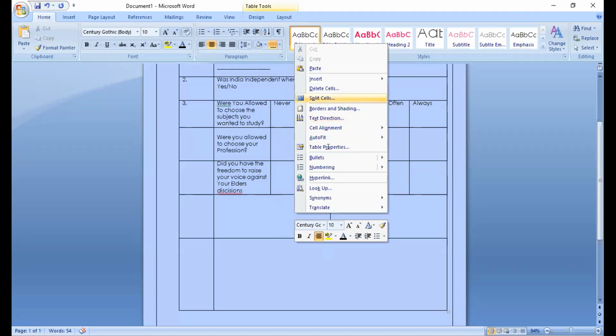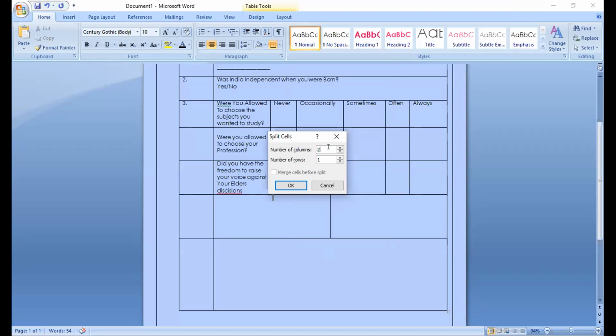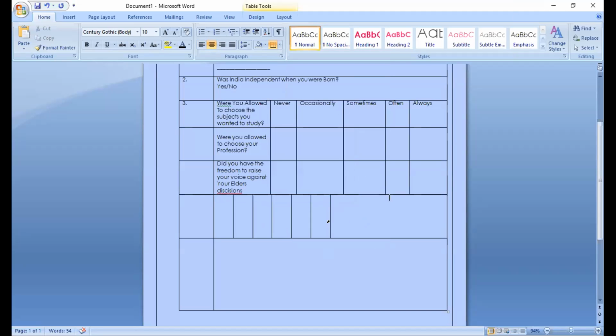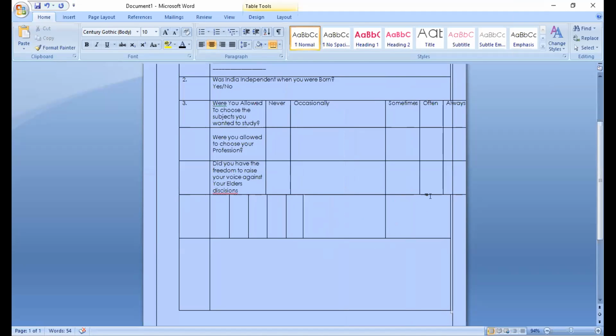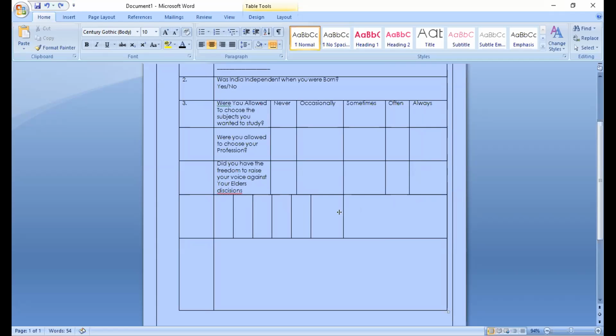Ma'am, I have Excel, but it is not signing in, and I don't know what to do. What happened there? I have Excel downloaded, but I don't have an account.